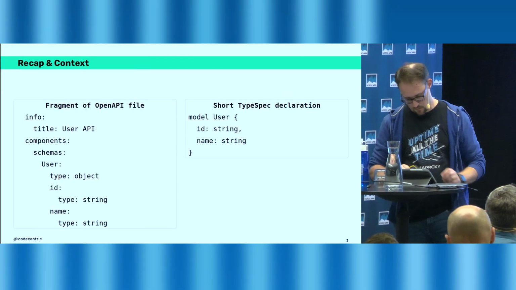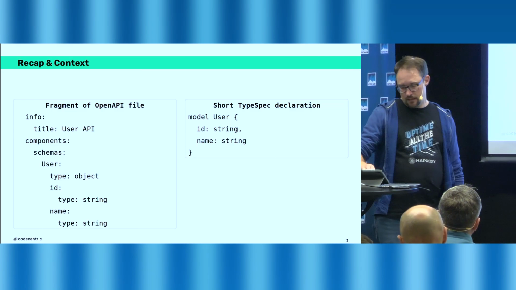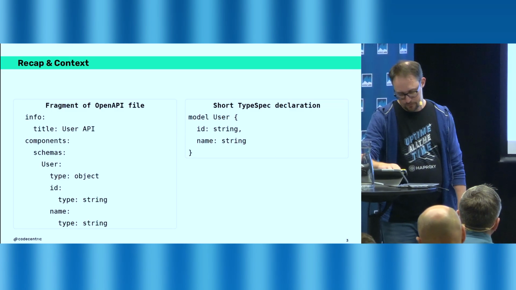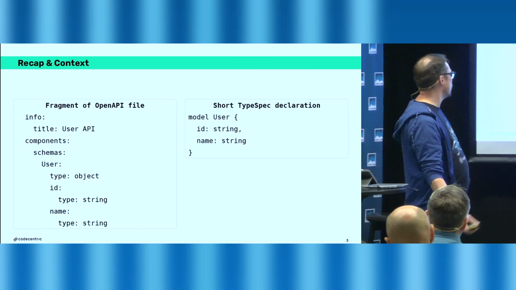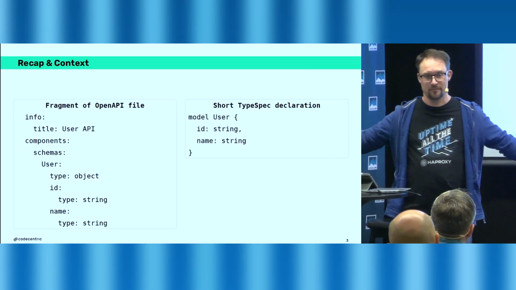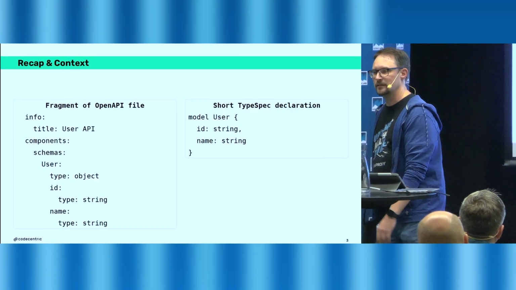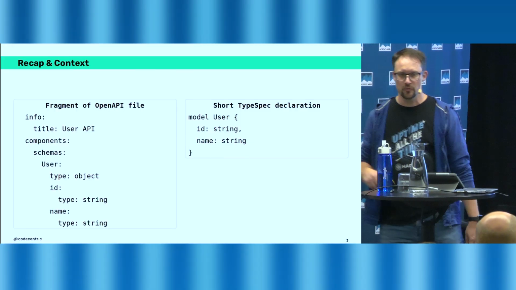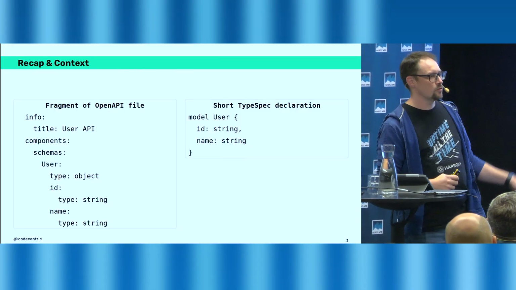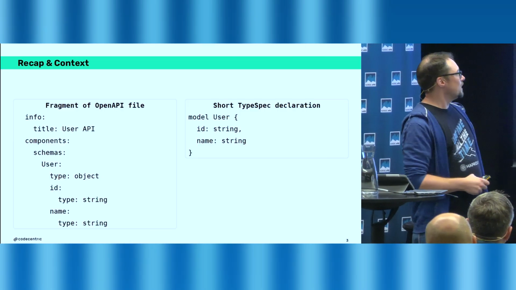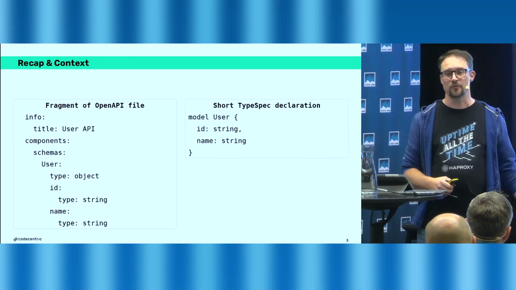So, a little recap here. What we see on the right side is actually a standard. This is OpenAPI. There's no version to it, so maybe it could be 3.2 or something like that. On the other side, there's actually no standard.